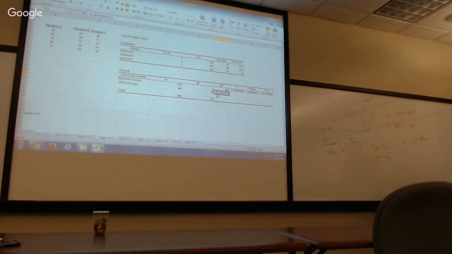What is this page? You guys know what page your ANOVA table is in your book? Oh, okay. It's not 592? No, that's the wrong one. It should be more in chapter 10, I believe. Yes.